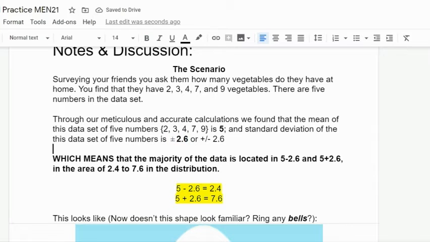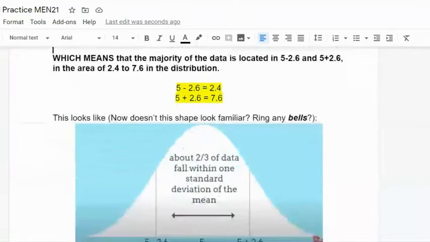This means the majority of the data is located from the mean minus 2.6 to the mean plus 2.6. So if the mean is the center, and I'm going to bring it down here because this is the graph that actually matches this data, the mean is about the center, so that was 5.